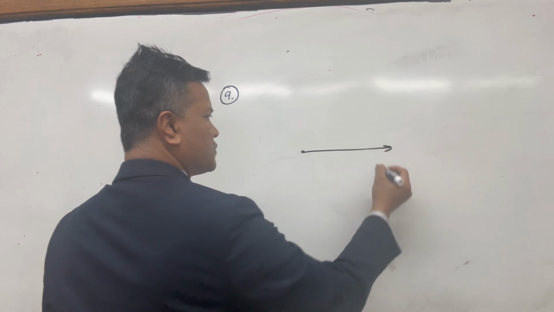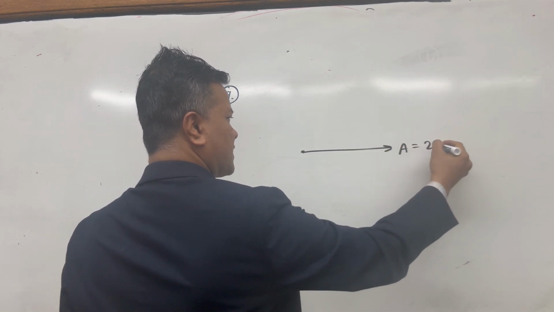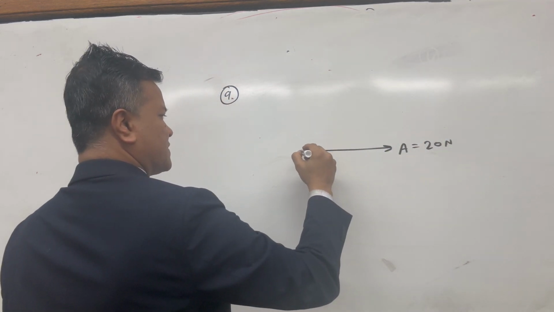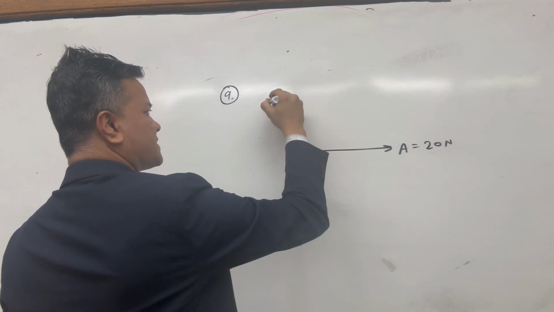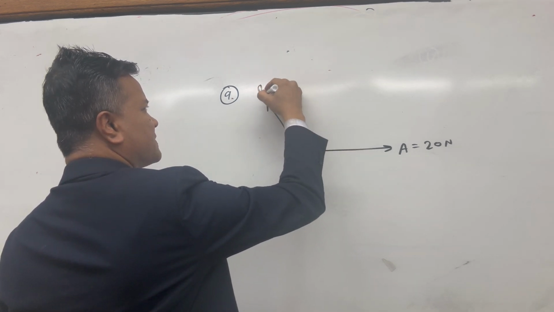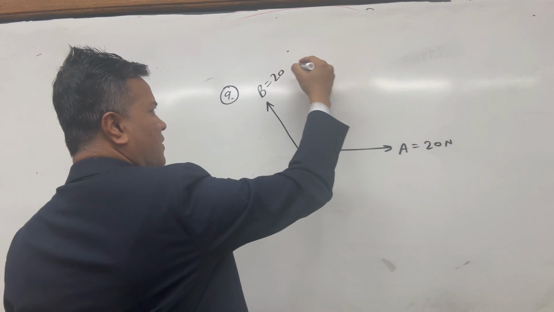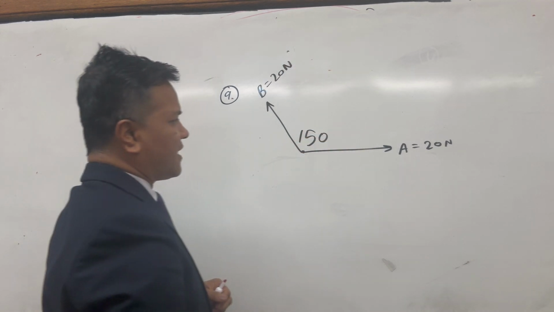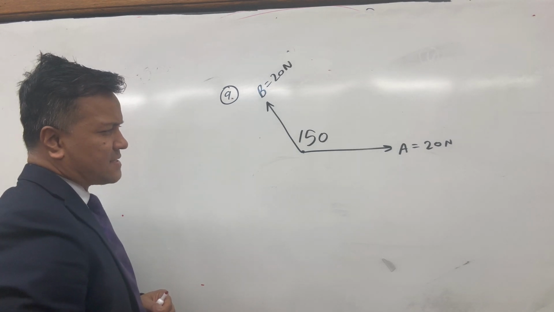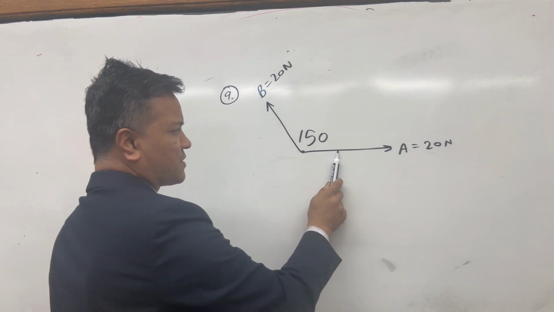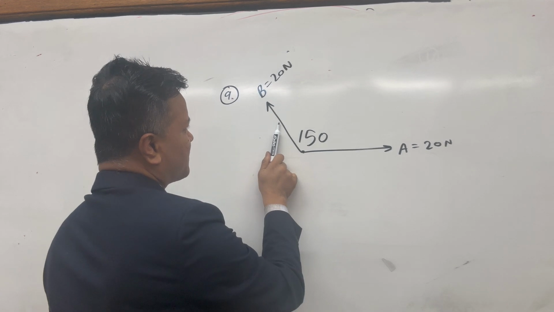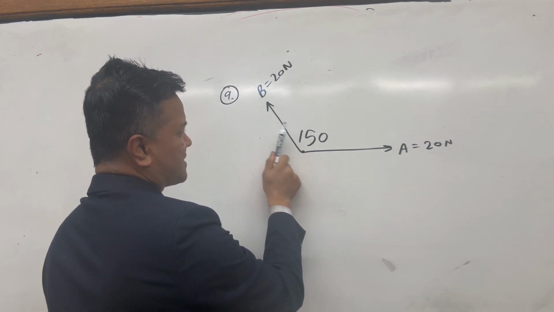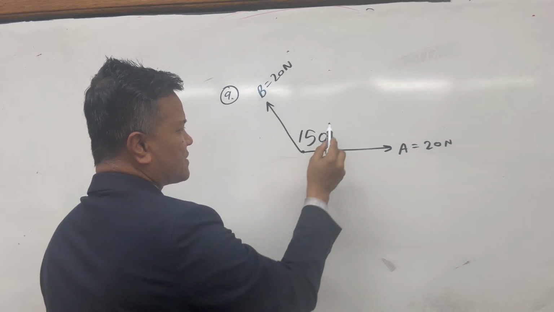Two forces act on this point at the same time with the same magnitude, however at a 150-degree angle. This is 0 degrees with respect to the x-axis, this is 150 degrees with respect to the x-axis, and the angle between the two is 150.